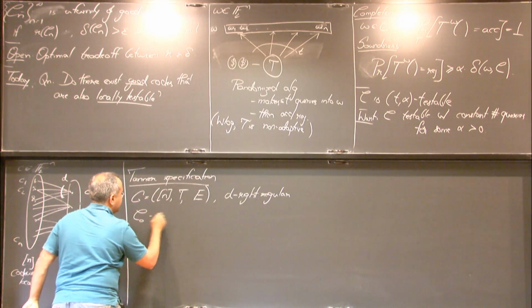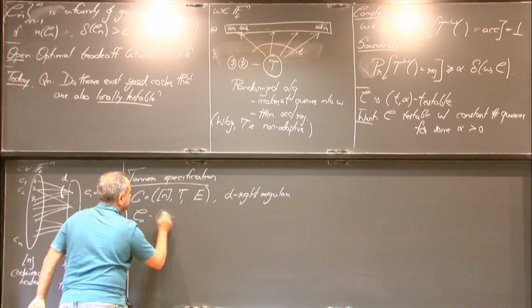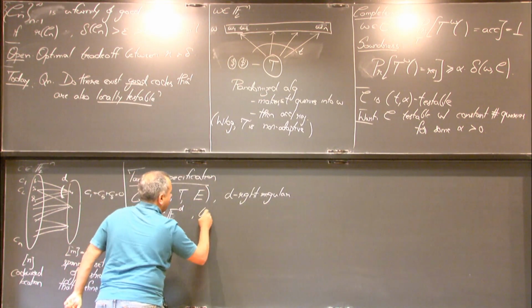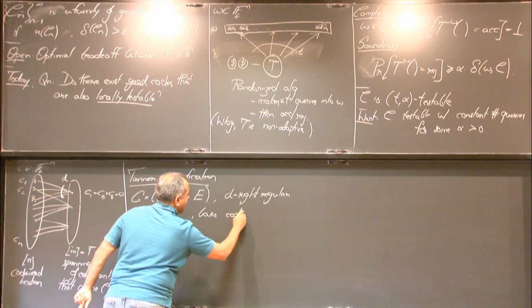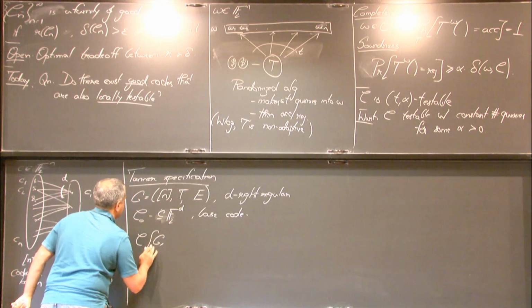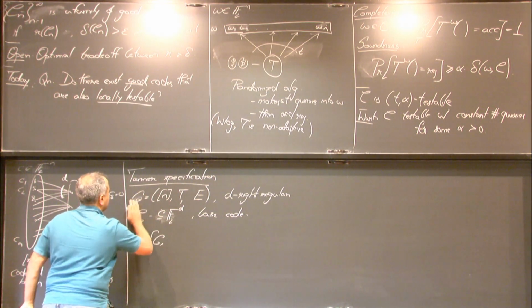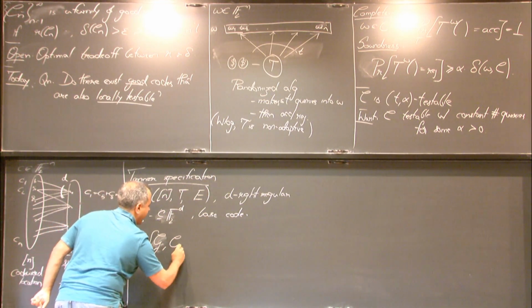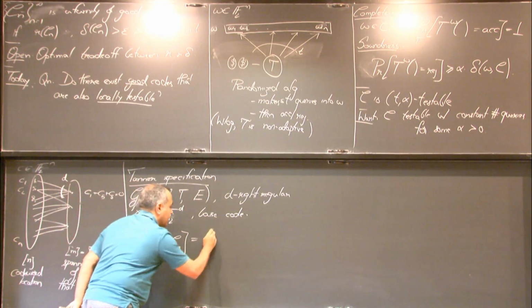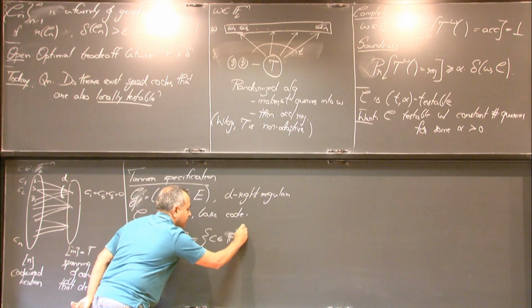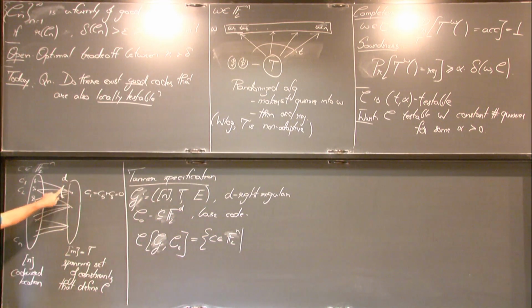And let C be a base code, C subset of F2 to the D is a base code. Then the code specified by both this graph G and this one is basically the set of all c in F2 to the n, such that for every vertex here, its neighborhood lies in the small code.